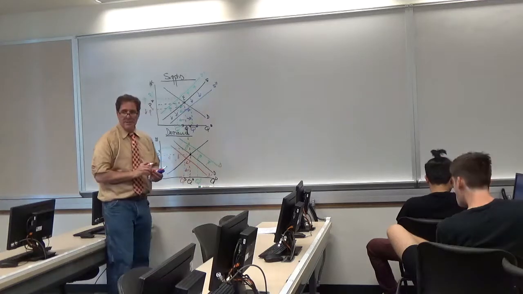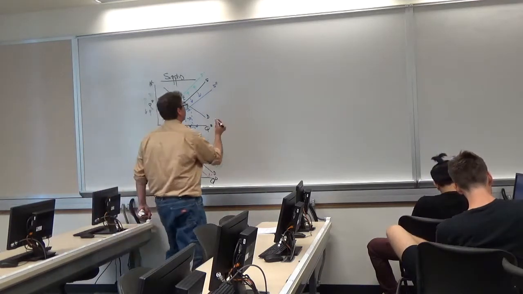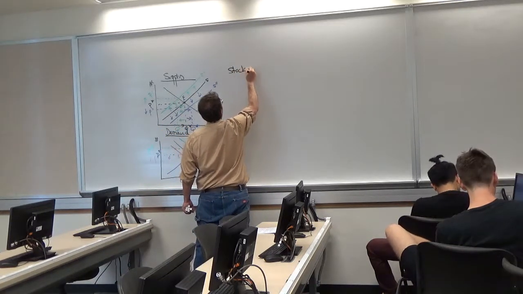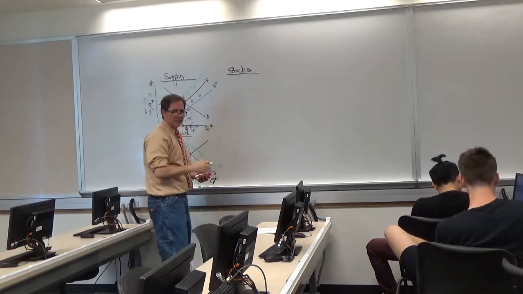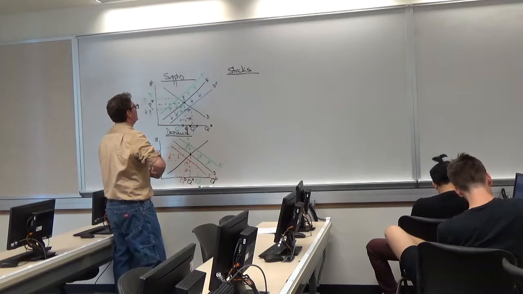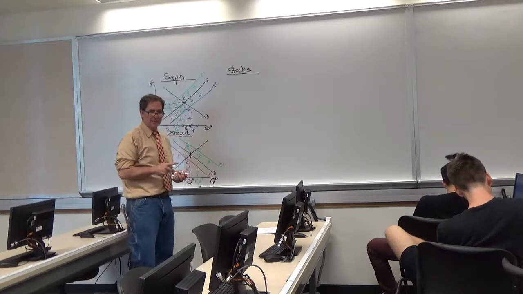Okay, so that's it. So now let's do stocks. I'll try to get through this as quickly as possible, and we'll do the 5 major asset classes. Two things would cause the supply curve to shift back for stocks.